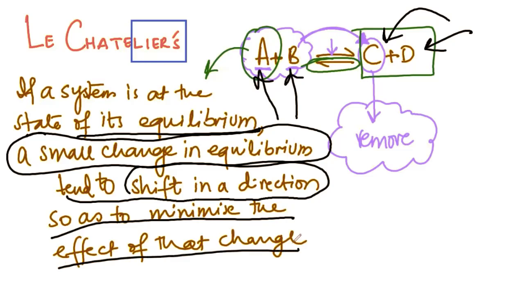It means that the equilibrium mixture has an ability to establish the equilibrium again by moving forward or reverse, depending upon the type of move which we have done. For example, if we are going to remove some of the C, then obviously the forward reaction is going to get favored, so more of the C could be produced to compensate the loss of the C due to our action.